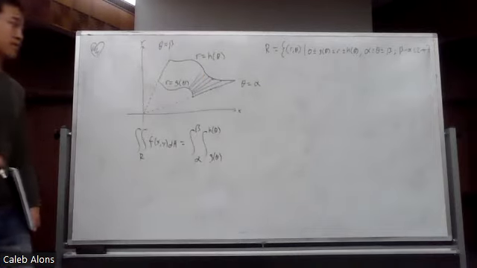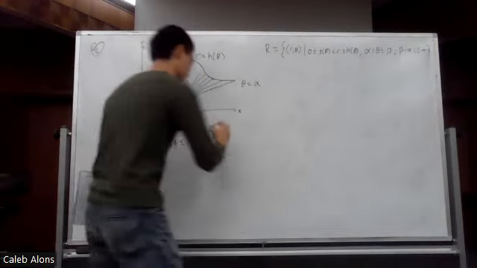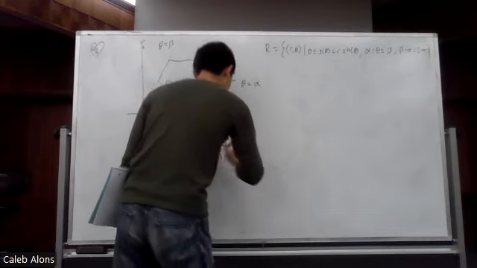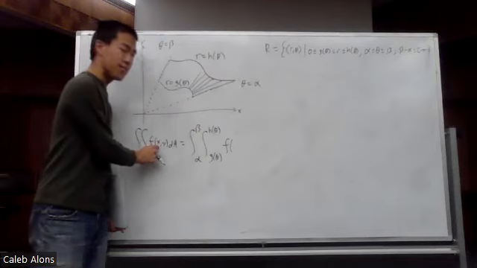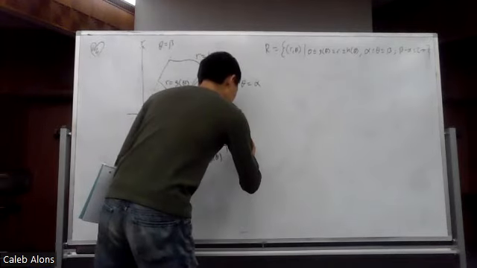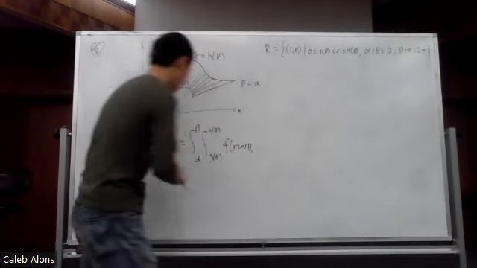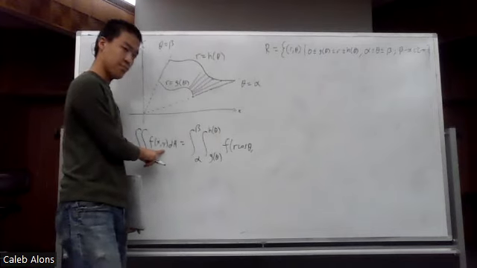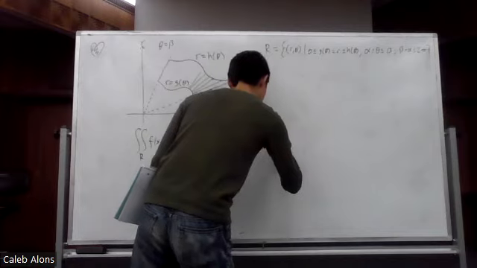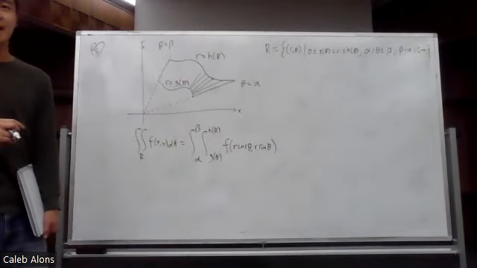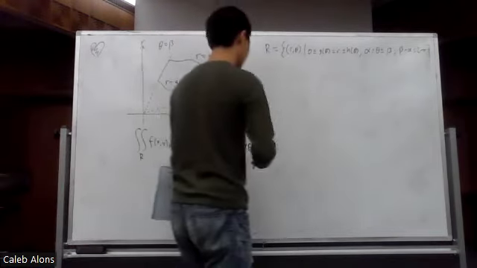What's the integrand going to be? The way I mean is, x is going to become what? And the y is going to become what? And then in polar, what is the dA?